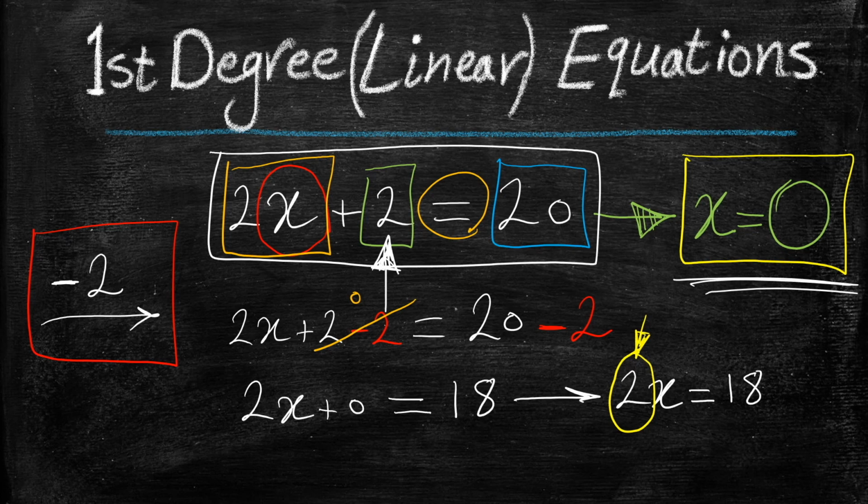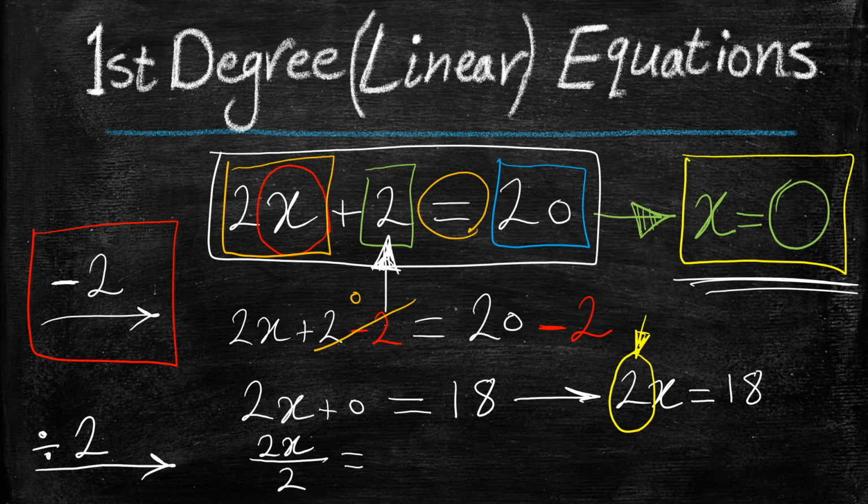2 times x. So how about we divide both sides of the equation by 2? How about that? In that way I can eliminate this 2 and further isolate x. So we will have 2x divided by 2 equals.